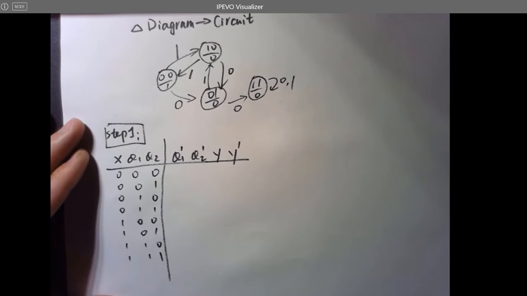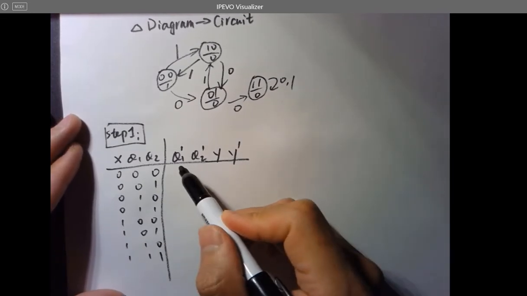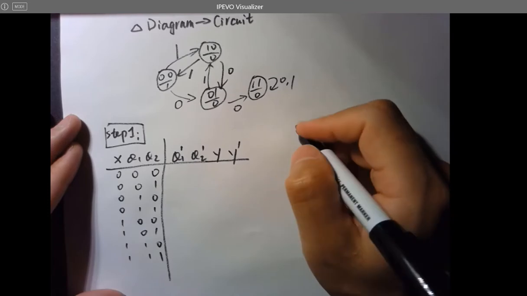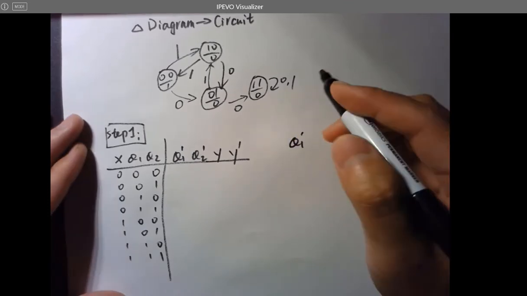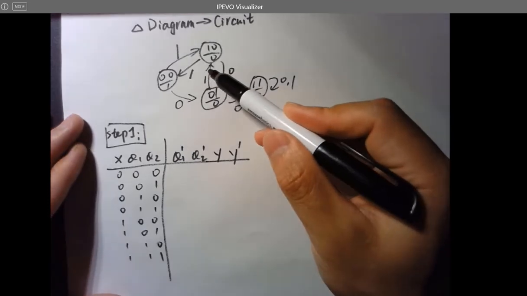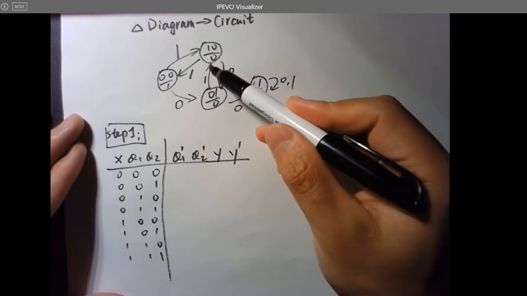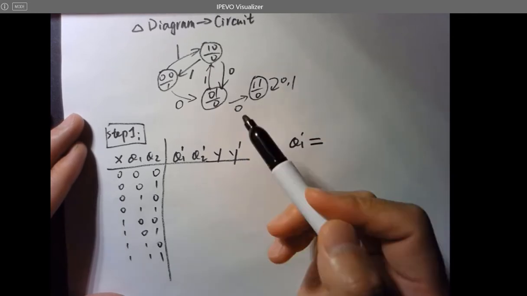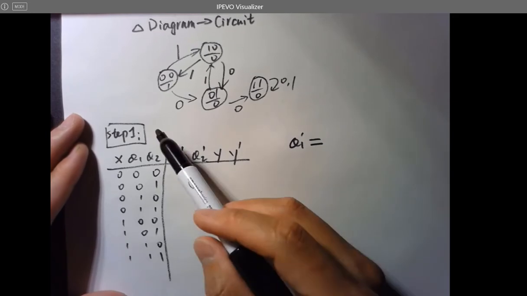All right. And the next step is to look for Q1 prime, Q2 prime, and Y prime. So what is Q1 prime? The problem is we don't know that yet, because we don't have any Boolean algebra expressions to derive from, right?